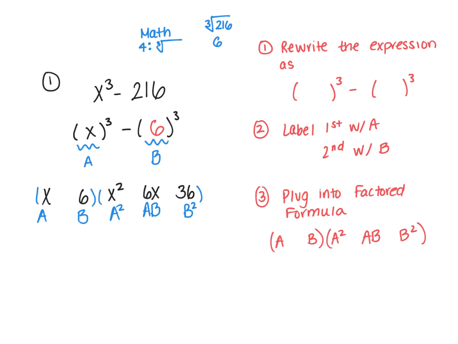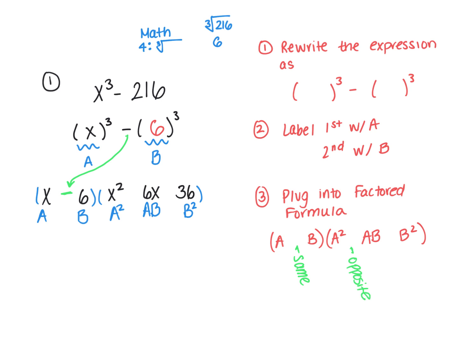Now, you must be wondering, what do I do about the signs? So this is where that SOAP thing comes in. So we put the same sign from the original in here, same. So this one, I'm going to put same. That's the sign that goes here. Then opposite of that goes in there.